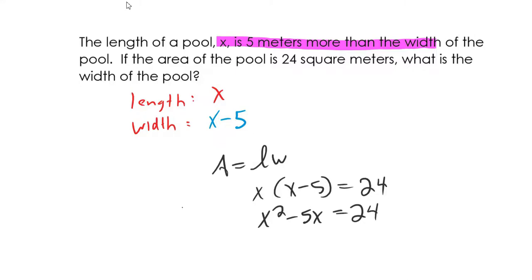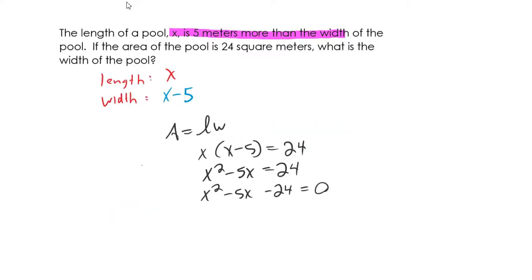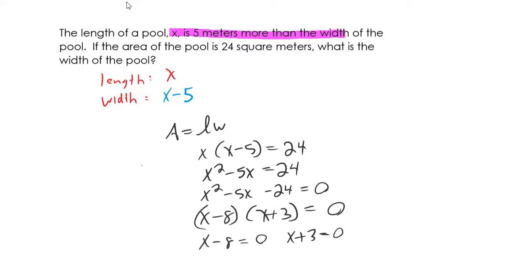Go ahead and get everything on one side. And factor it. 2 numbers that add to negative 5 and multiply to negative 24 give us x minus 8 and x plus 3. And now we do the zero product rule where we set each piece equal to 0.